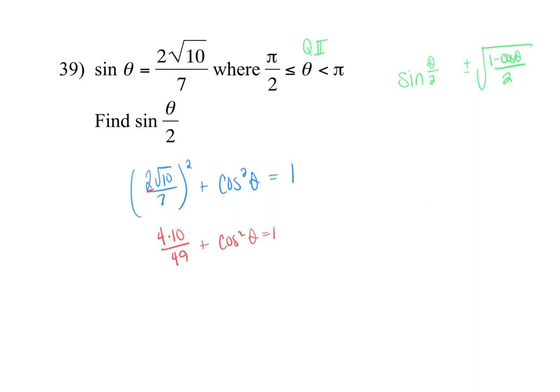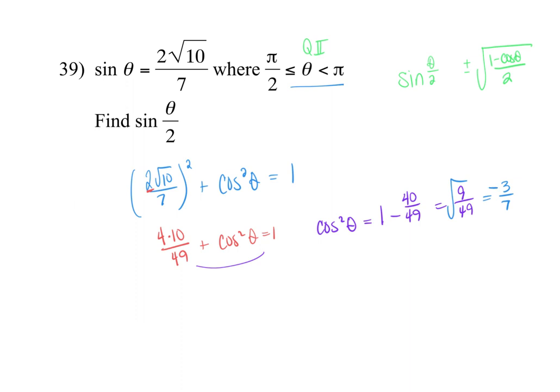To solve for the cosine squared, just subtract that over. So cosine squared is going to equal 1 minus 40 over 49, which is going to give me 9 over 49. I do have to take the square root, so that is 3 over 7. Because I am in quadrant 2, that's negative 3 over 7.